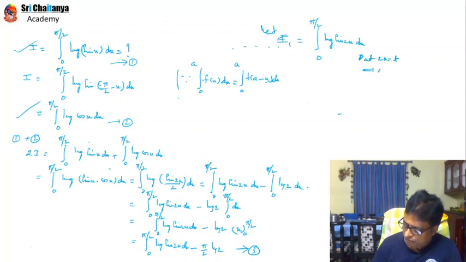Now dx becomes dt by 2. And again I want to find my lower limit. If x is equal to 0, then t is equal to 0. For the upper limit, if x is equal to pi by 2, then t is equal to pi.